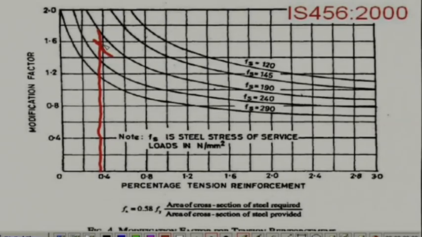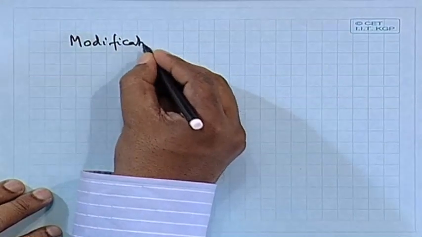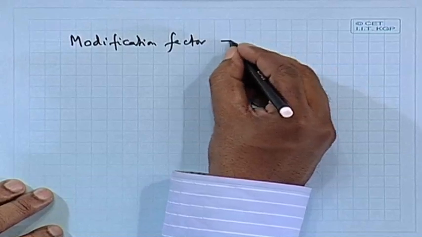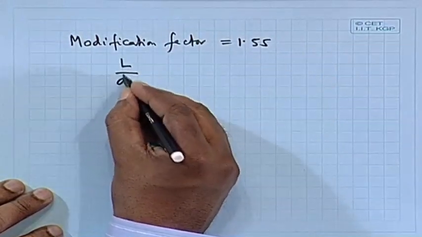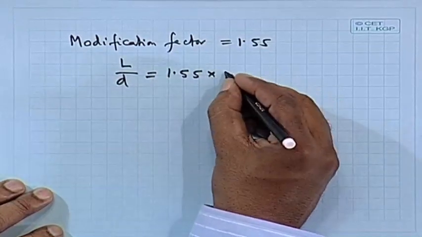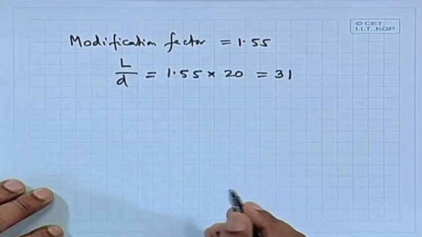So, I have taken the modification factor equal to 1.55. So, L by D equal to 1.55, this is a simply supported case, times 20, which comes as 31.